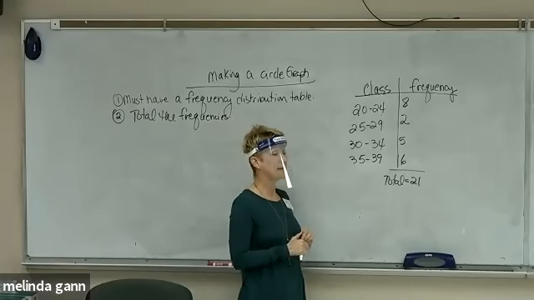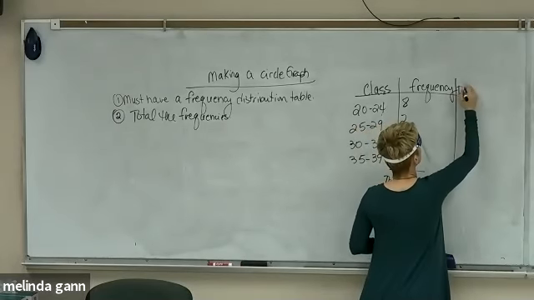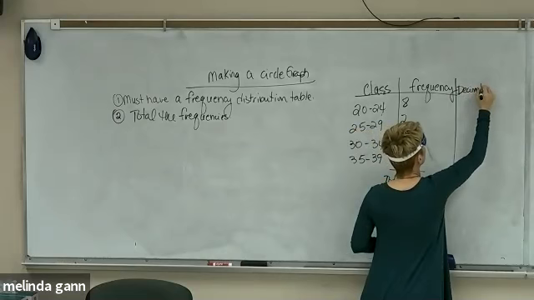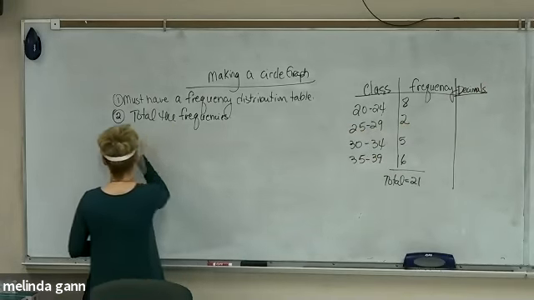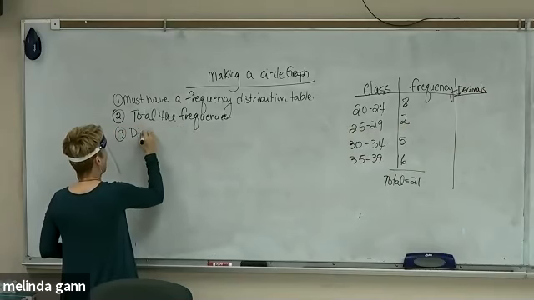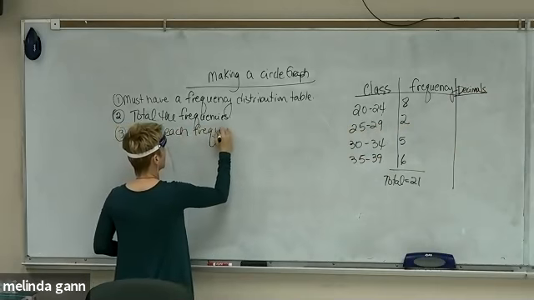Now, what I'm going to do is get some decimal numbers next. The way I'm going to get those decimals is this. I'm going to divide each frequency by that total.